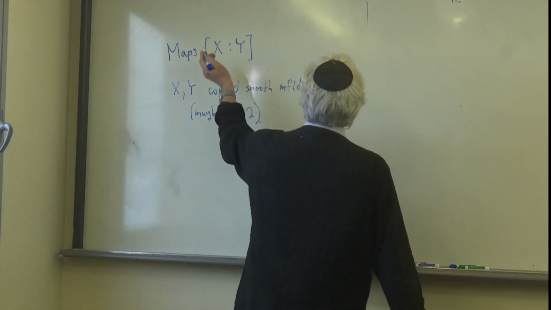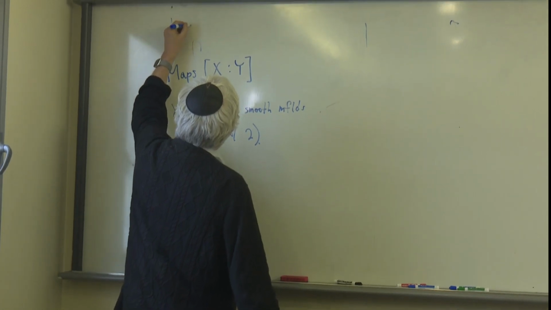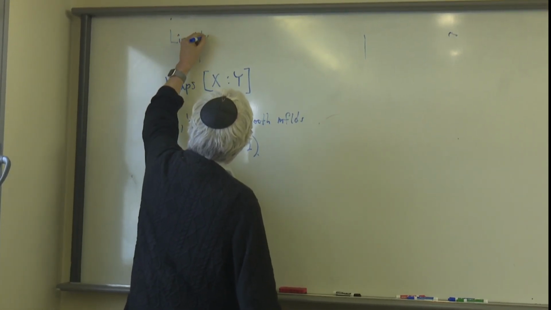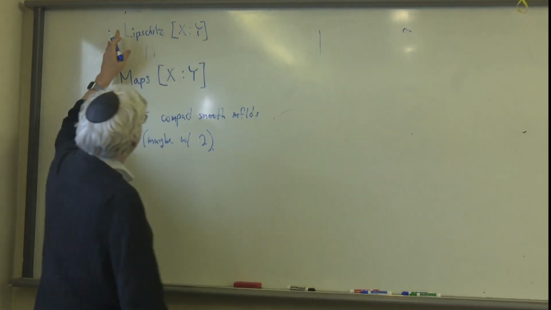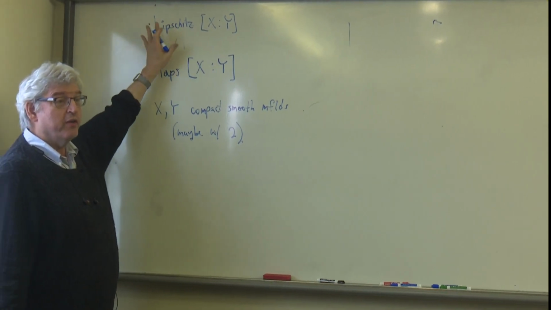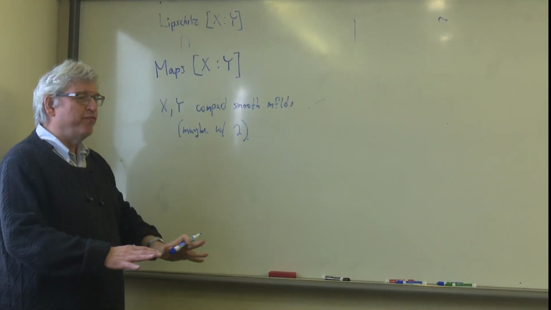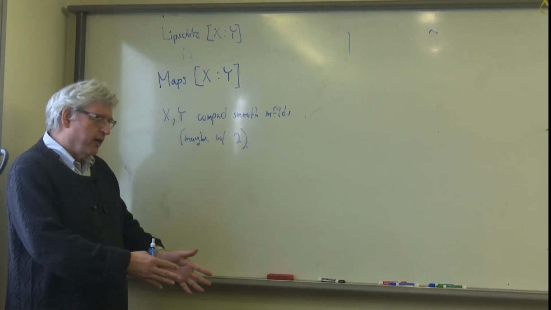So what we did was, included in this, we looked at the Lipschitz functions from X to Y. And these are dense, and the inclusion is a homotopy equivalence. That's a very formal matter.